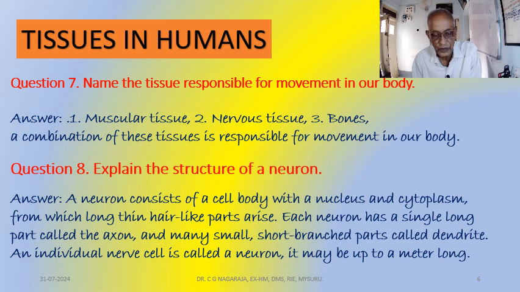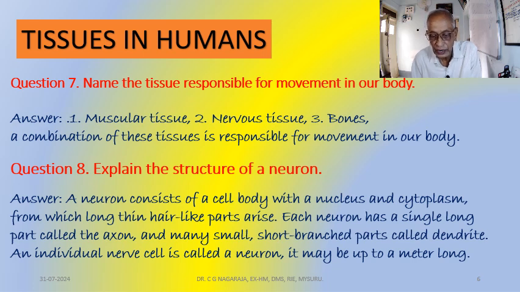Explain the structure of a neuron. Neuron structure ಅನ್ನು explain ಮಾಡಬೇಕು. A neuron consists of a cell body which looks like a star with a nucleus and cytoplasm, from which long thin hair-like parts arise. Each neuron has a single long part called axon and many small short branched parts called dendrites.